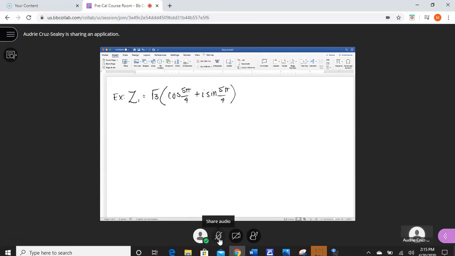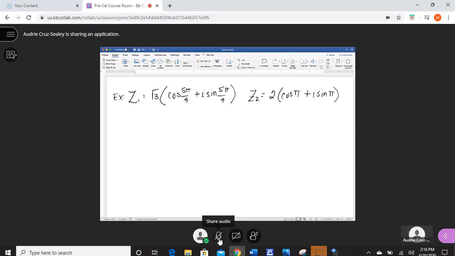And then z2 is 2 cosine of pi plus i sine of pi. Is everybody okay with that? Everybody see where I am? All right. Okay, and so then if you look at the instructions, it says find the product and the quotient. And then it says express your answer in polar form. So our final answer, it just wants us to leave it in polar form.